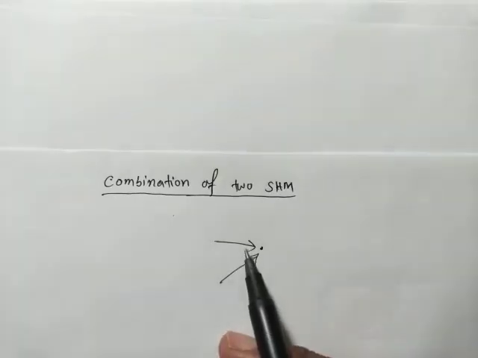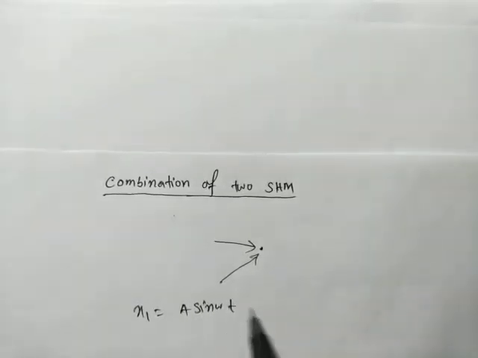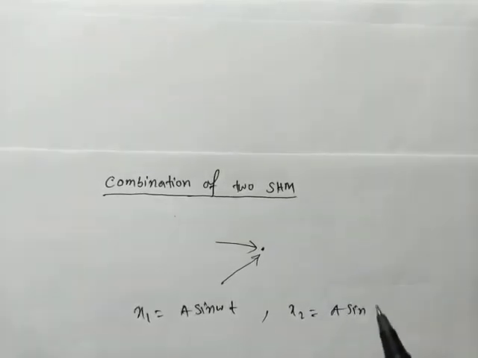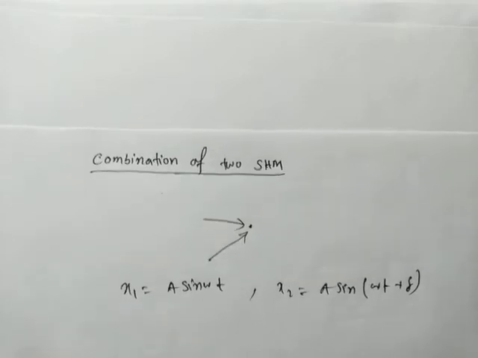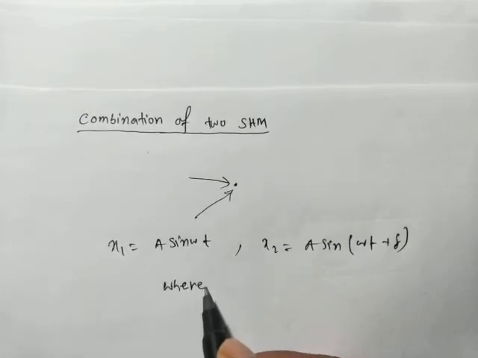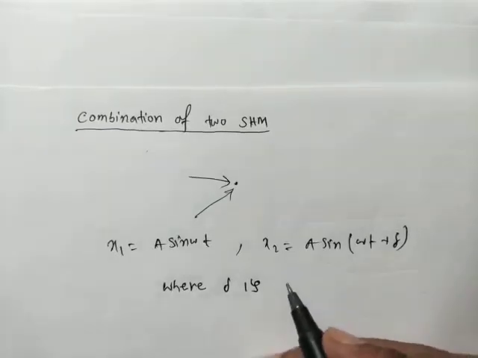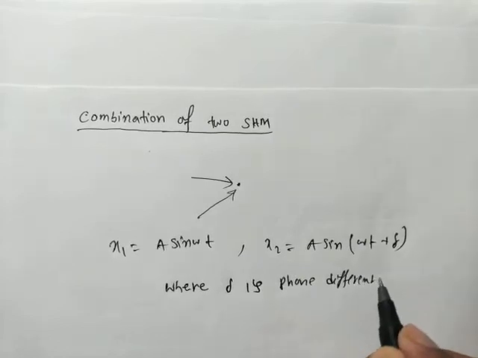For one force the displacement of the particle is x1 equals a sin omega t, and for the other force let me take x2 equals a sin(omega t plus delta), where delta is the phase difference, or you can say the initial phase of the second displacement.